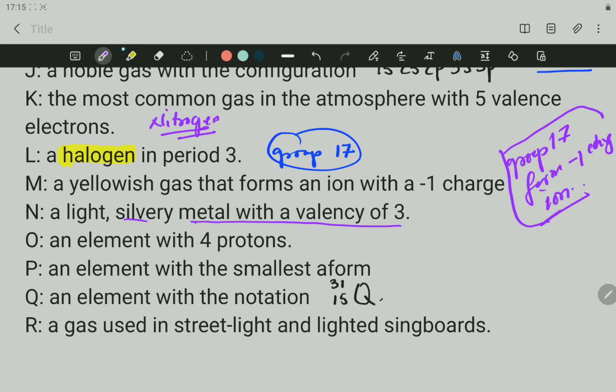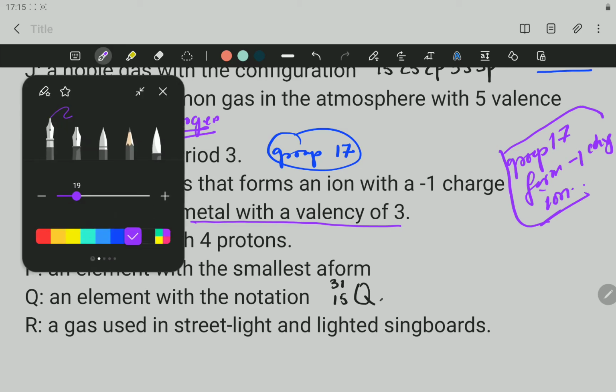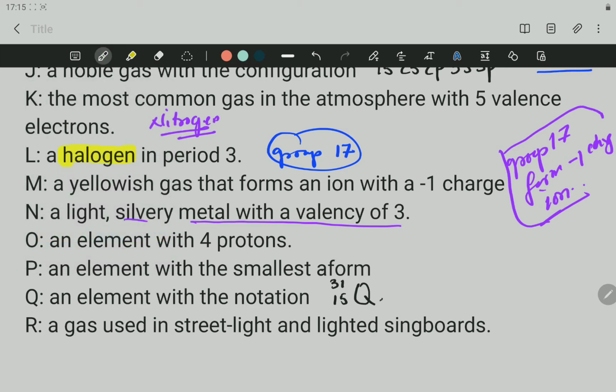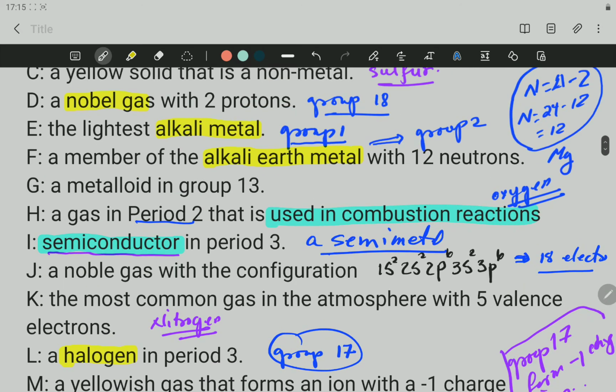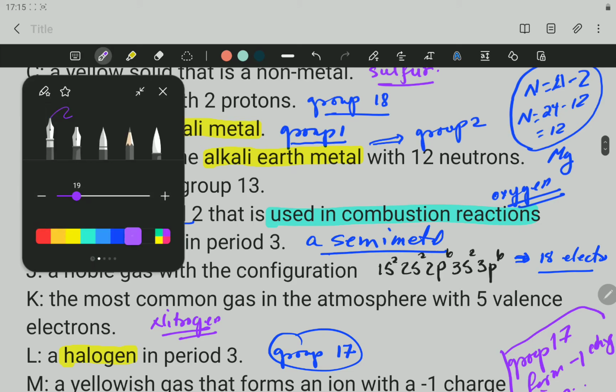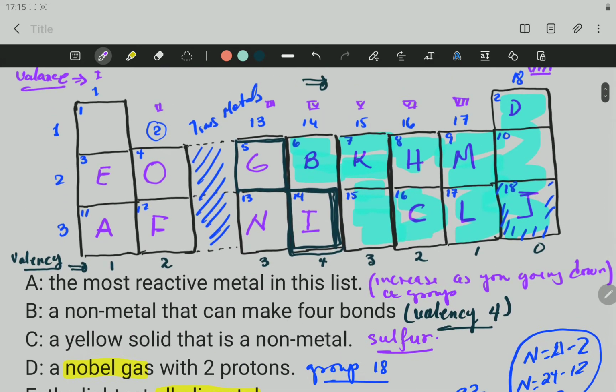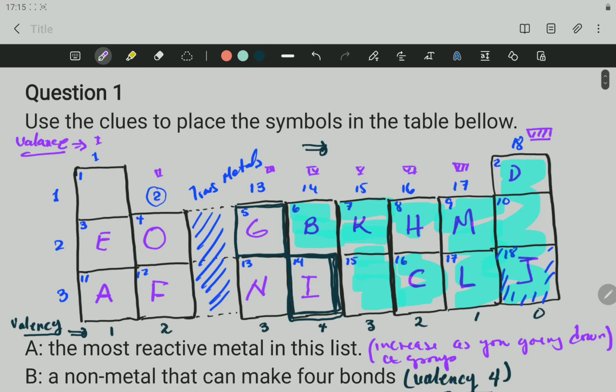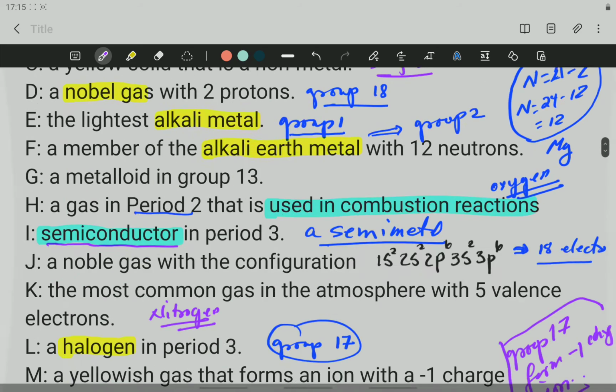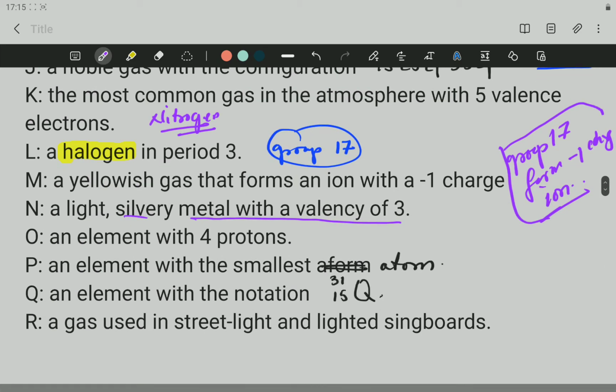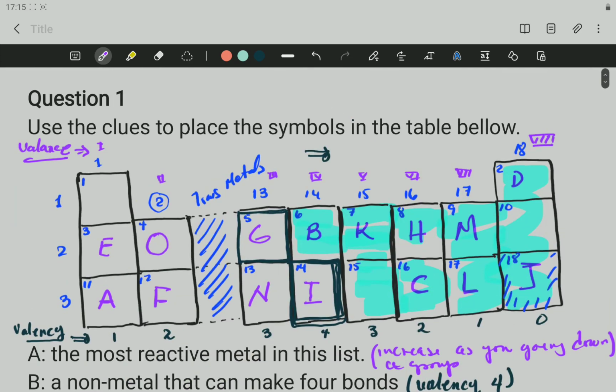So let's quickly fix that word. I'm very sorry about that mistake. With the smallest atom. The smallest atom. What is the smallest atom of the periodic table? That will be hydrogen. The smallest atom in the periodic table is hydrogen, and this is for letter, I didn't look, letter P. So P is going to be right there.